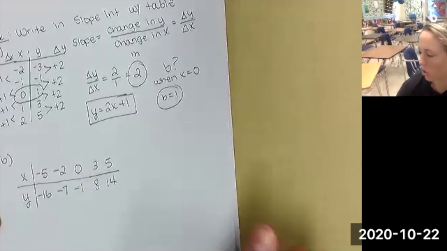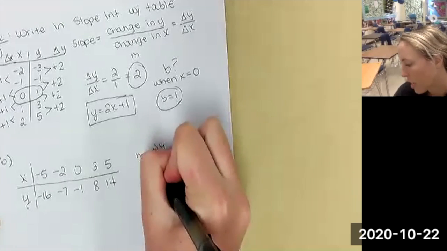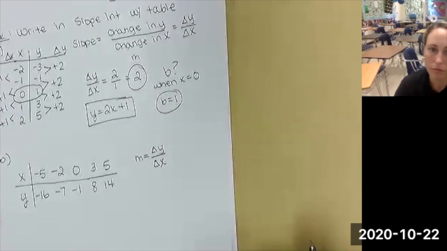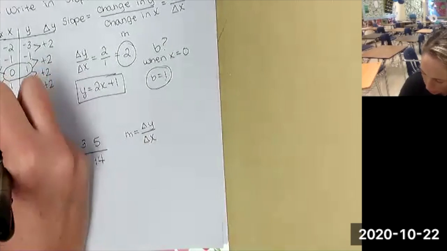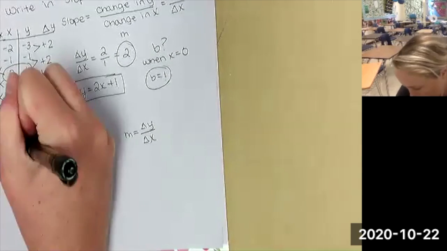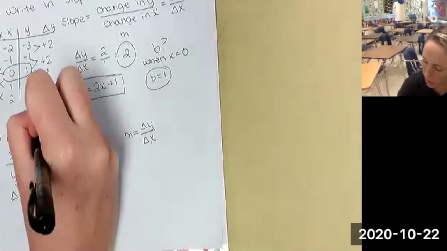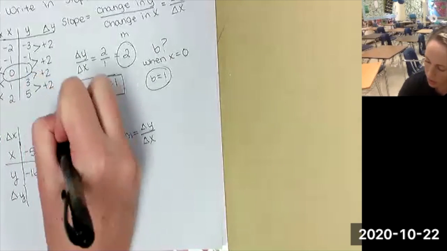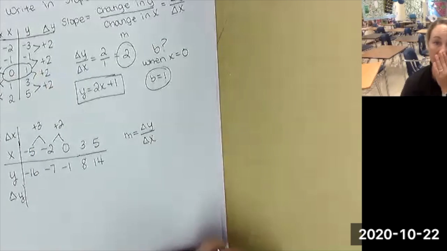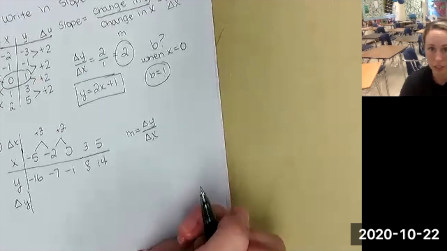So we need to find our change in y over change in x. So we can add our delta x and delta y parts of our chart. So to get from -5 to -2, I have a +3. -2 to 0, +2. Okay, now we notice that they're different. So we need to actually double check that this is a linear function.